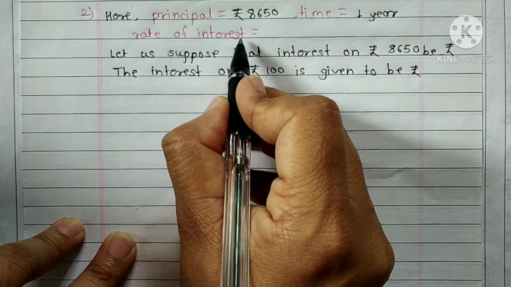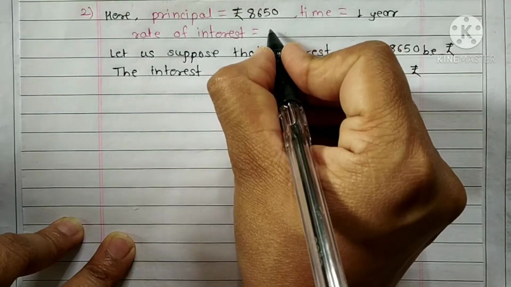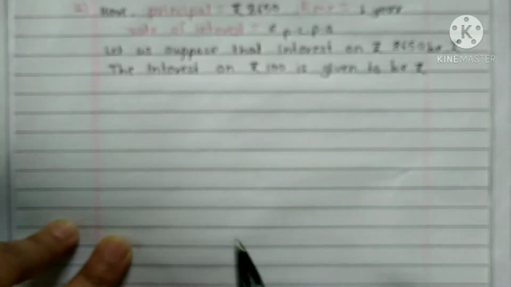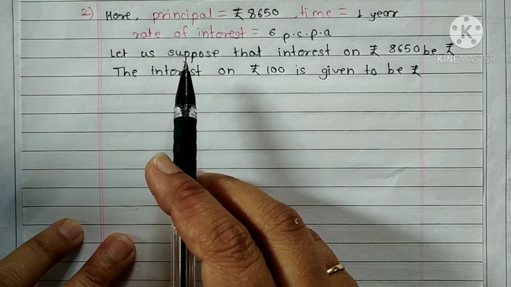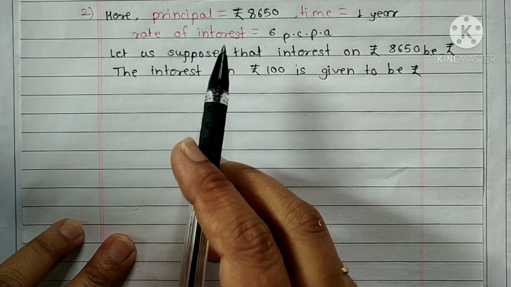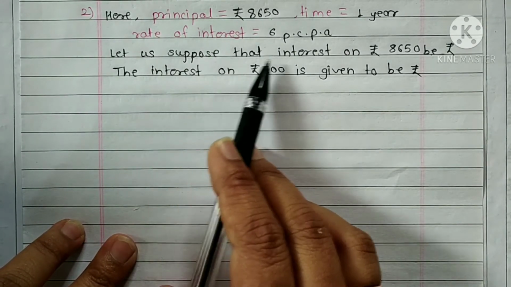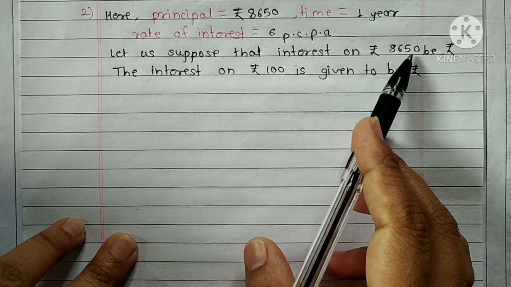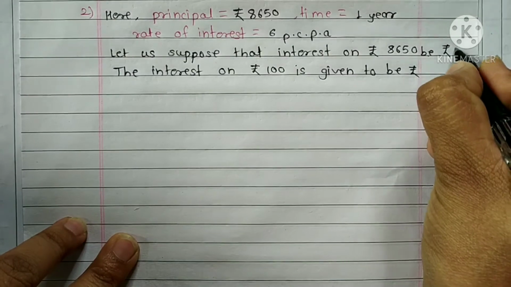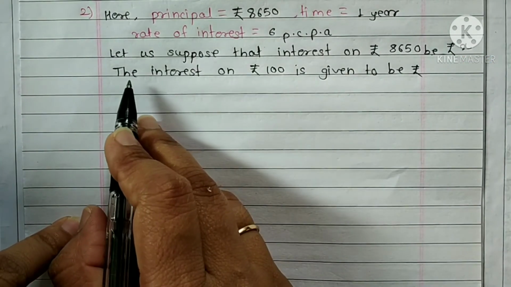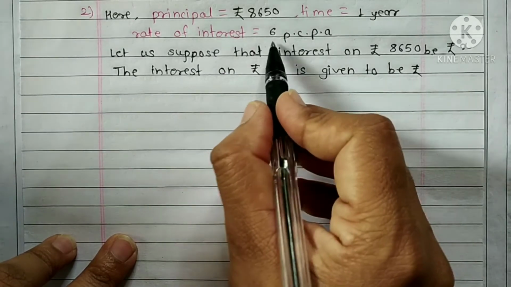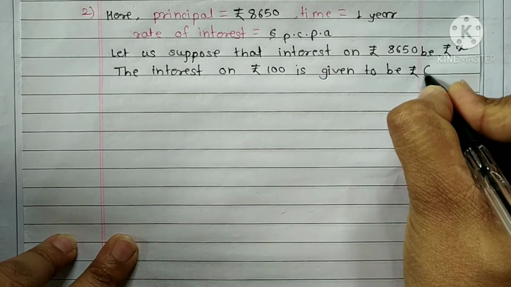Rate of interest is 6 PCPA. Now here we have to calculate interest. So first suppose that interest on rupees 8650 be rupees x, then the interest on rupees 100 is given to be what? 6 rupees.